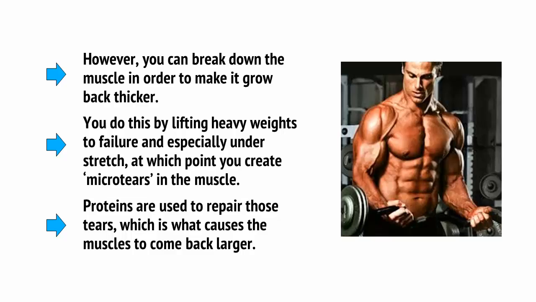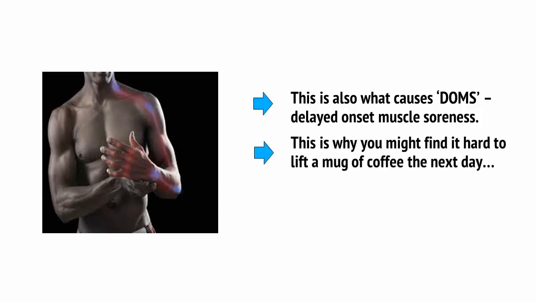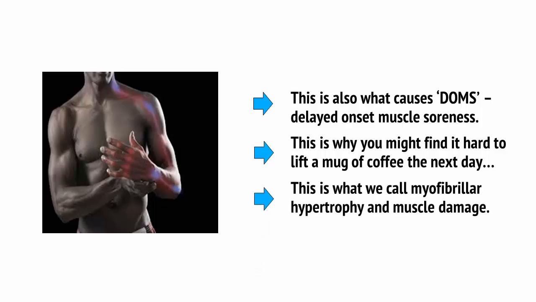Proteins are then used to repair those tears, which is what causes the muscles to come back larger. This is what also causes DOMS, delayed onset muscle soreness, and that's why you might find it hard to lift a mug of coffee the next day.